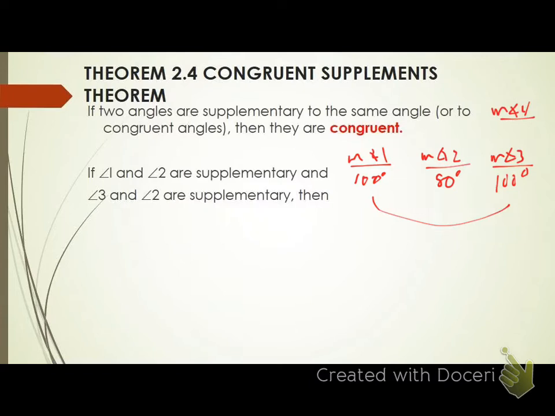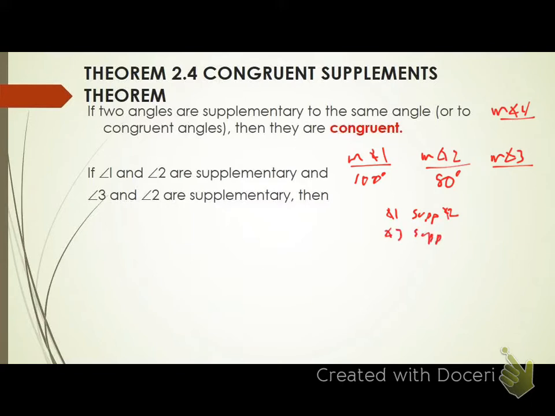A little less obvious than that: what if we reset, and we know that angle 1 and angle 2 are supplementary. We also know that angle 4 and angle 3 are supplementary. So we've got, and this is way too short of an abbreviation, but this is for time purposes, 1 supplements 2, and 3 supplements 4.